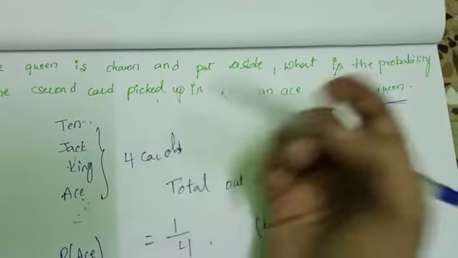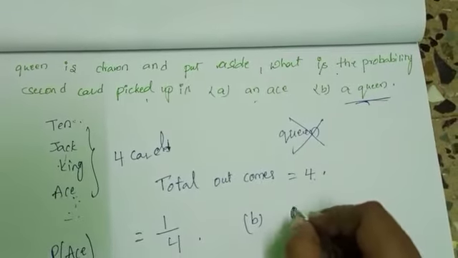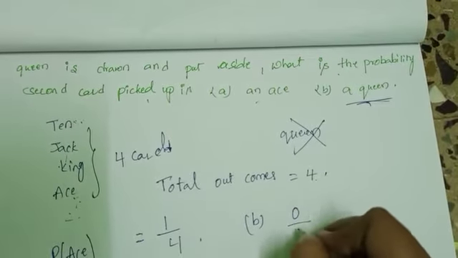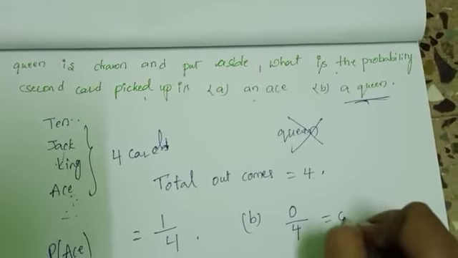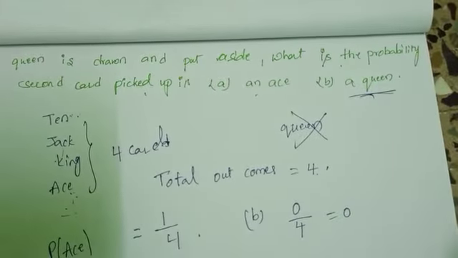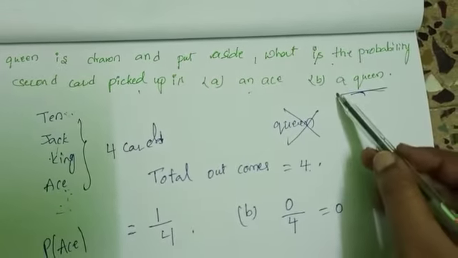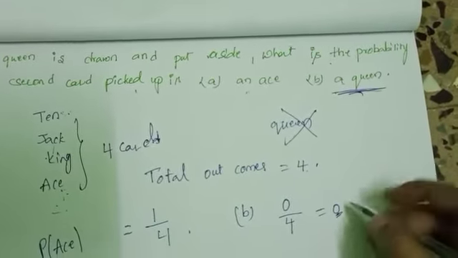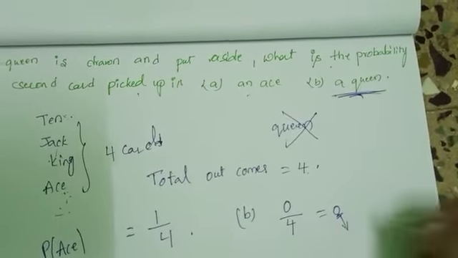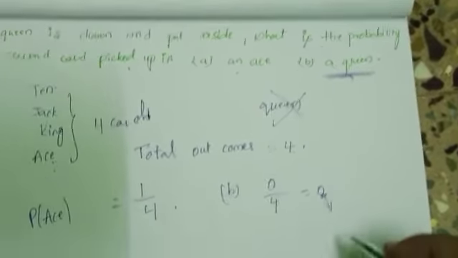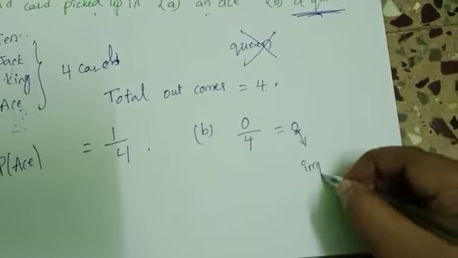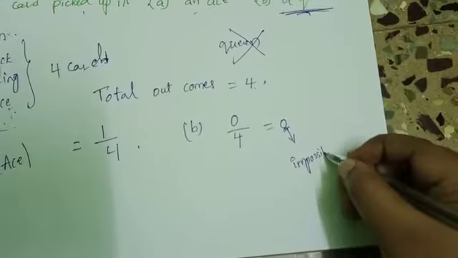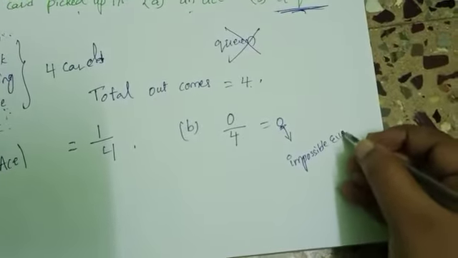So favorable outcomes are 0 by total outcomes 4. Therefore, probability of picking a queen equals 0. We know the probability of an impossible event equals 0. It is called an impossible event.